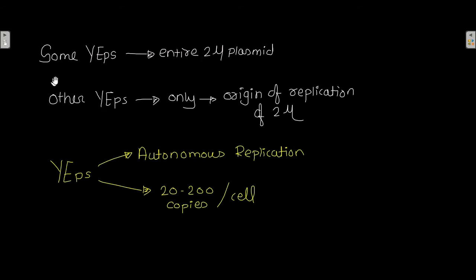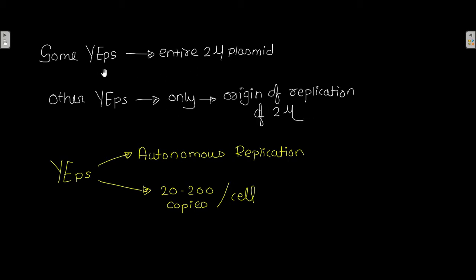Some YEPs contain the entire 2-mu plasmid, and there are other YEPs which contain only the origin of replication of this 2-mu plasmid. So you have 2 different varieties here.